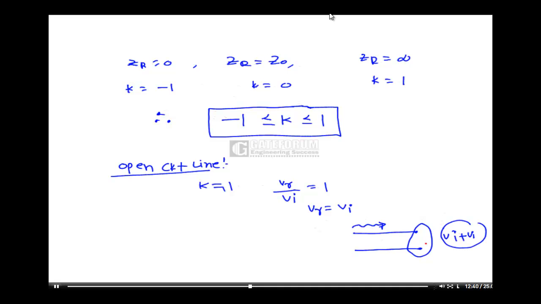So at that particular point, the voltage is double the incident voltage. That's why this is also called voltage doubling action. That is, the open circuit line gives a voltage doubling action.